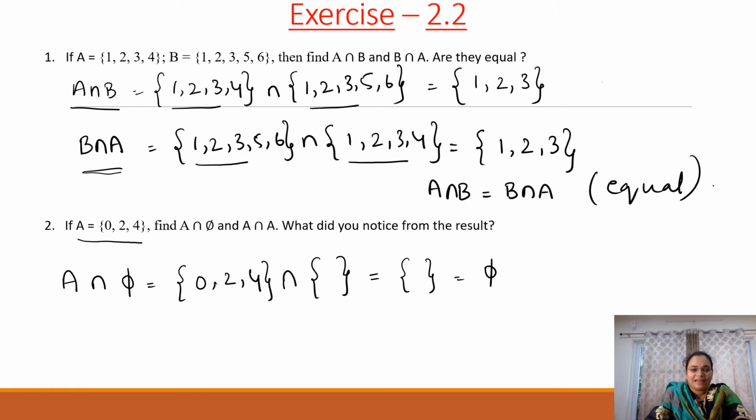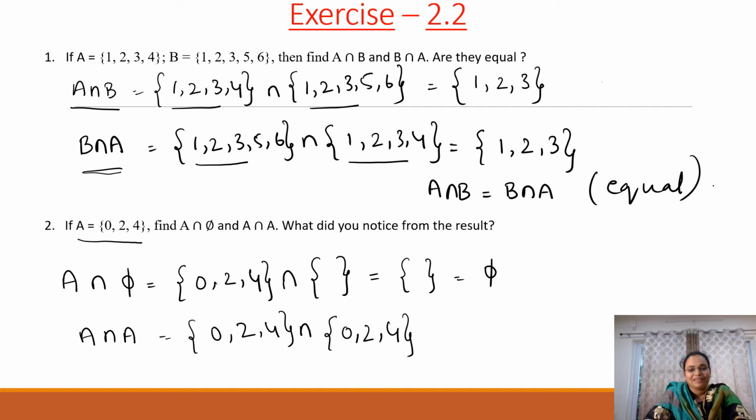And in A intersection A, what is A? 0, 2, 4 intersection 0, 2, 4. Yes, all the elements are common. That is 0, 2, 4 only, which is A. So what did you notice from the result?